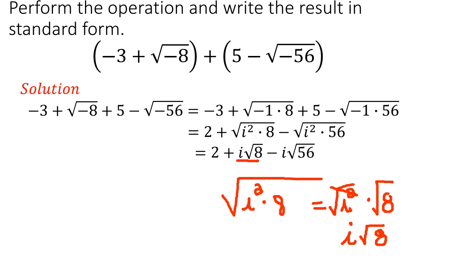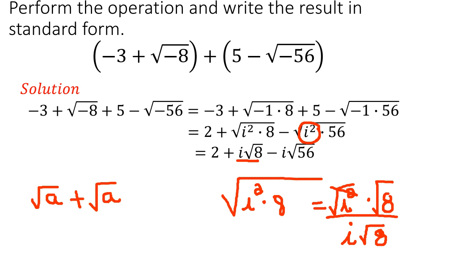Just to save us time, we're not writing it out all the time. So I have an i squared here, so I know that's going to come out as an i. And then I have 56. Now, if you want to add radicals, then the radicands, which are the numbers inside, have to be the same.